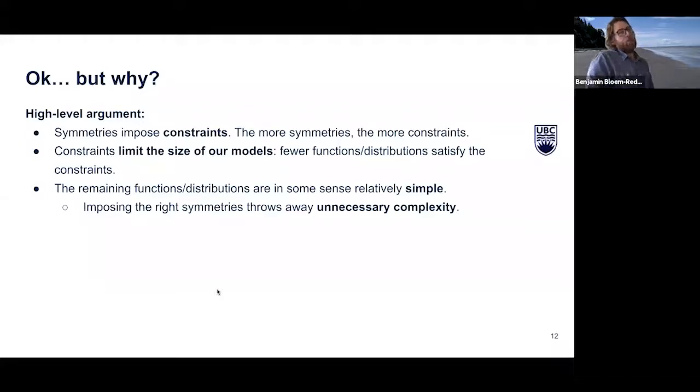So the punchline here is that imposing the right symmetries throws away unnecessary complexity. And we'd like to make that mathematically precise. We can do that in some simple cases, and work here is ongoing. I'll get to that in a minute.